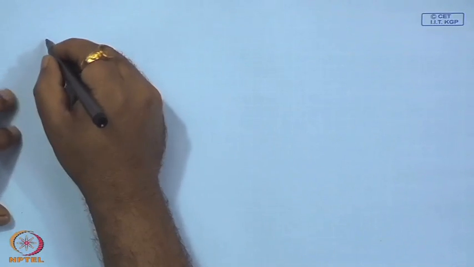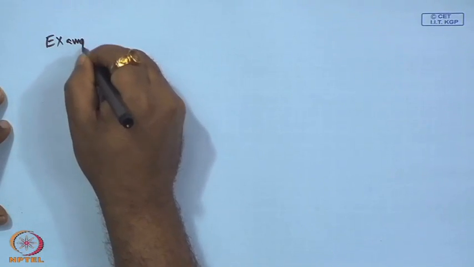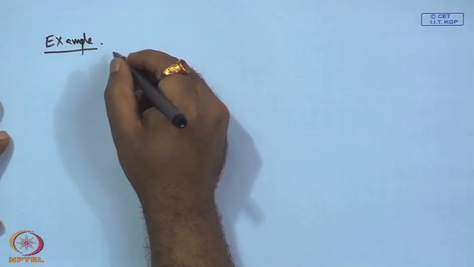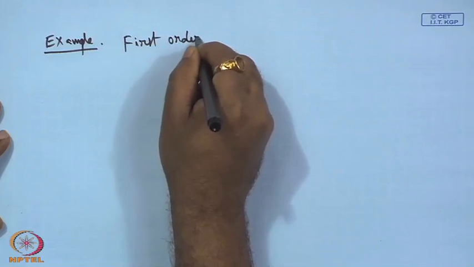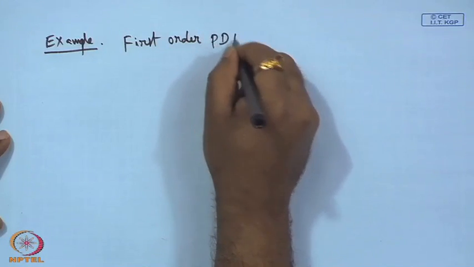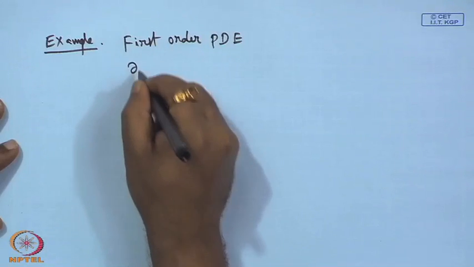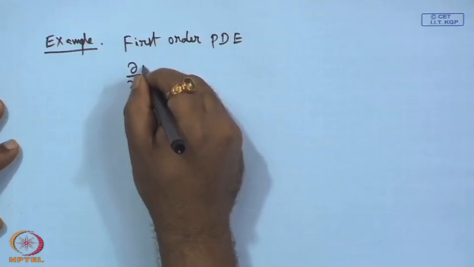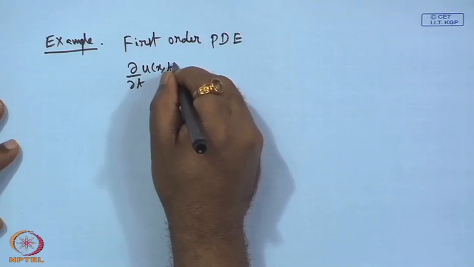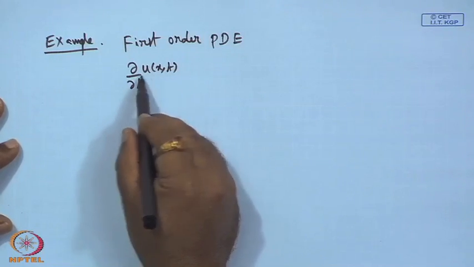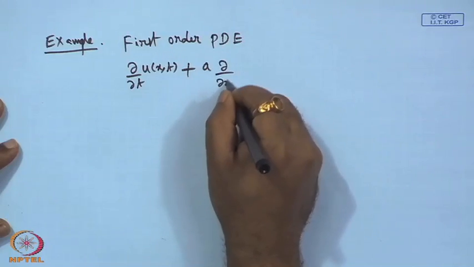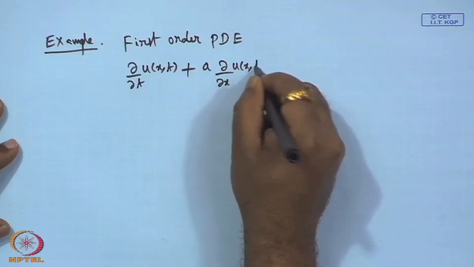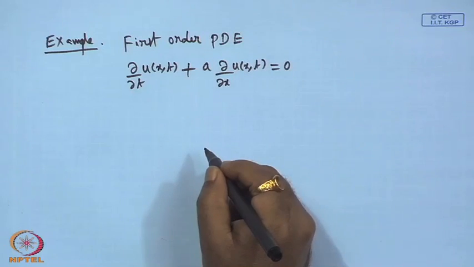Okay. So, let us start with a simple example. Okay. So, we are considering a first order PDE, say, where x and t are the independent variables, u is the dependent variable, a is some constant. Okay.